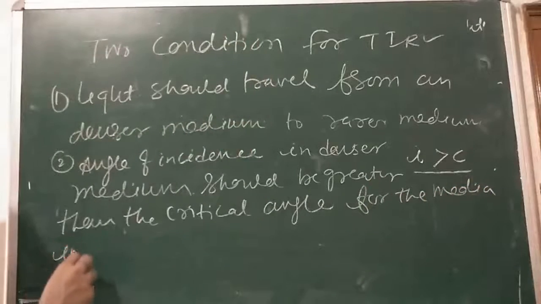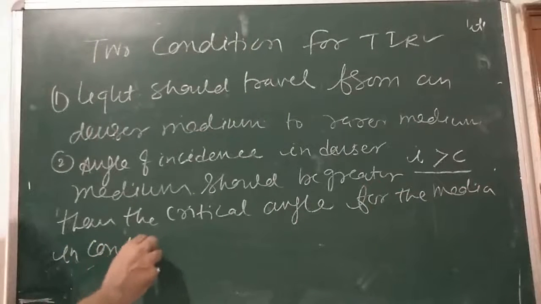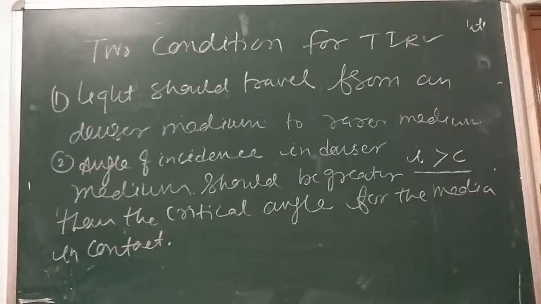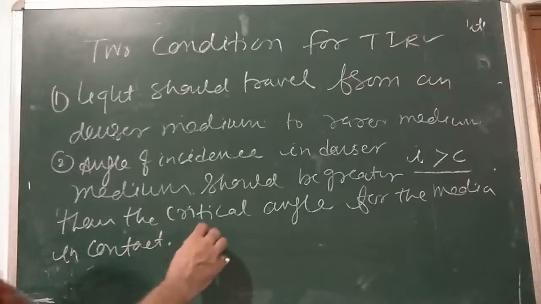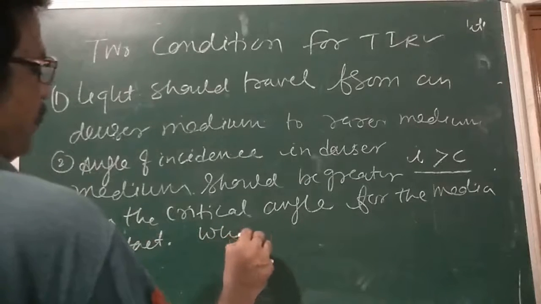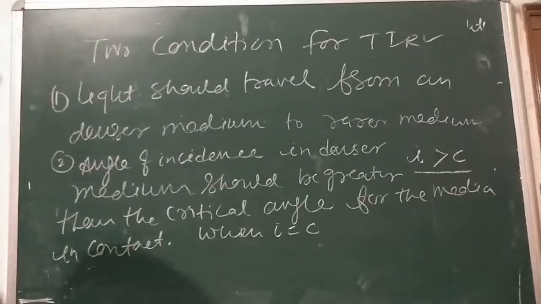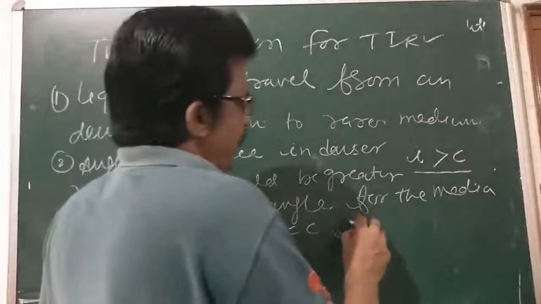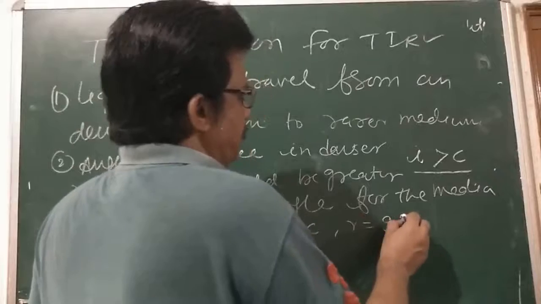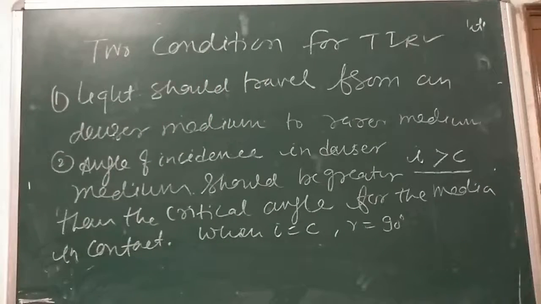It is clear? So my dear children, when I is equal to C, we have seen in the diagram the angle of refraction is 90 degrees. When I is equal to C, R is equal to 90 degrees.